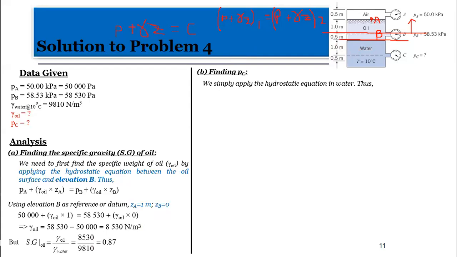If we now know the pressure acting at the bottom of the oil, then that pressure is the same thing as the one acting on top of the water. So we now apply between this point and this part, elevation C, and then we can get that done.